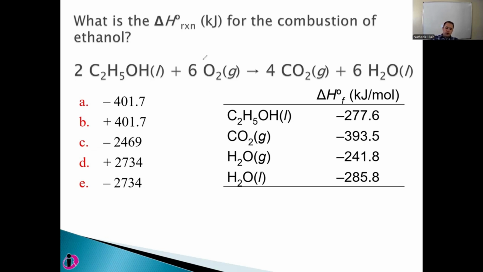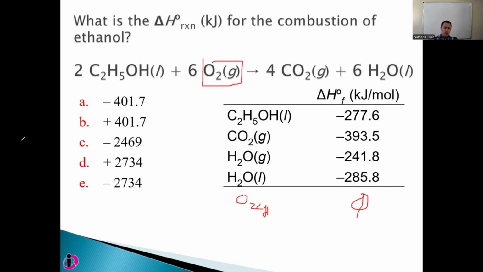So pure elements like oxygen do not have a standard enthalpy of formation. If you look, I did not list O2 gas. Why did I not list O2 gas? Because that's oxygen's pure elemental form, and pure elements have a standard enthalpy of formation of 0, so they don't have to be listed, okay?